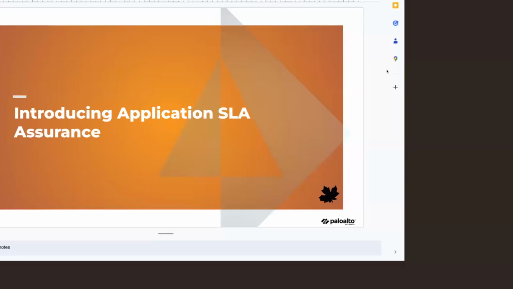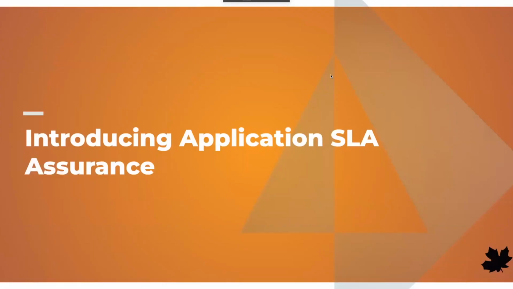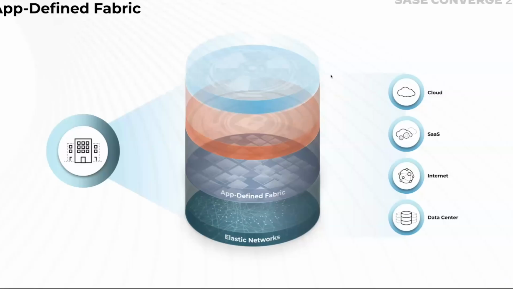And the first one being app SLA assurance. So what does this actually mean and where does it fit? If you think about the two base layers of Prisma SD-WAN, you have the elastic network layer, and that's where we have essentially pools of connectivity, could be 5G, 4G, internet, MPLS, private WAN of any sorts, all of that pulled together, and then you express your business intent through policy to leverage those different connectivity types.